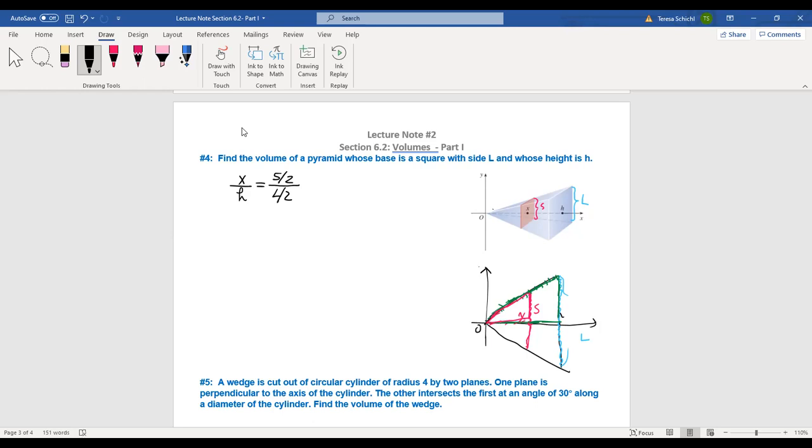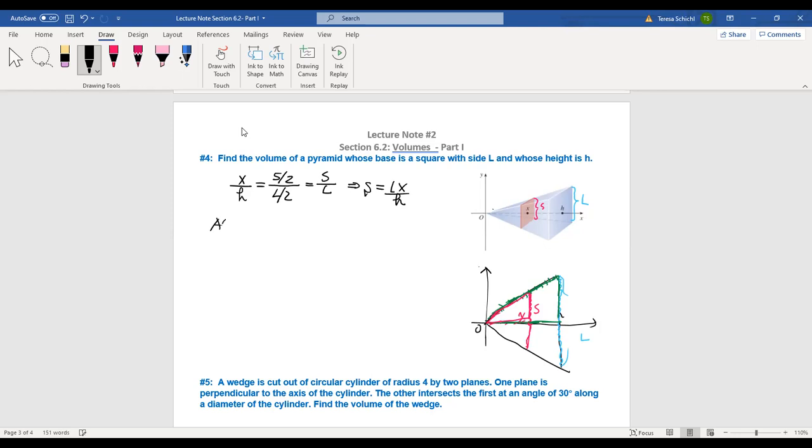All right? So this 2 and 2 can cancel. So it will be just S over L here. Now what is the S here? So the S will be L times X divided by H. Am I right?